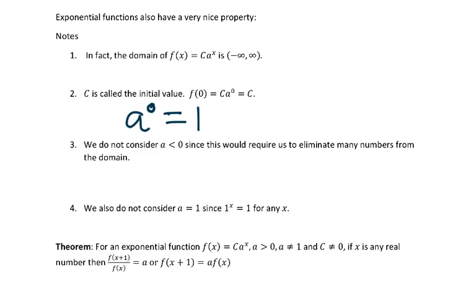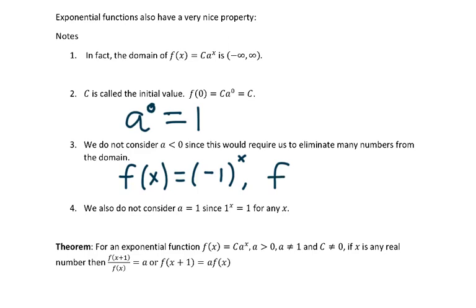And also, remember how we said that a can only be positive and it couldn't be 1? Well, why can't a be negative? Basically, it's in the next property that we would have to put restrictions on the domain and consider different cases. For instance, let's consider the function f of x, and take something simple: -1 raised to the x.